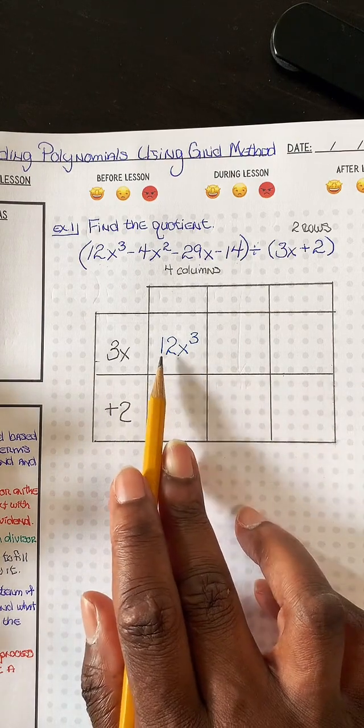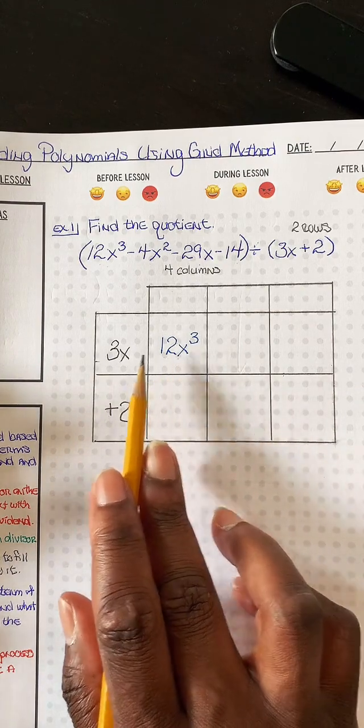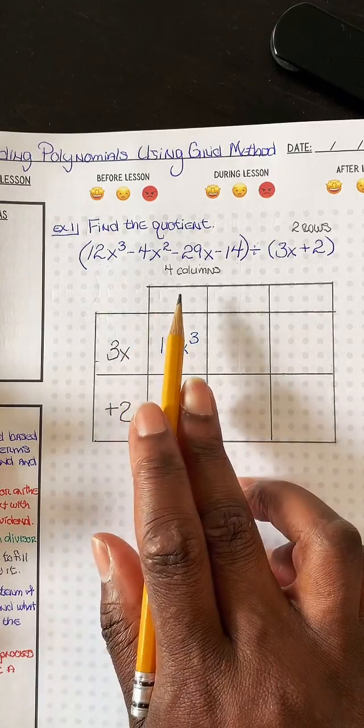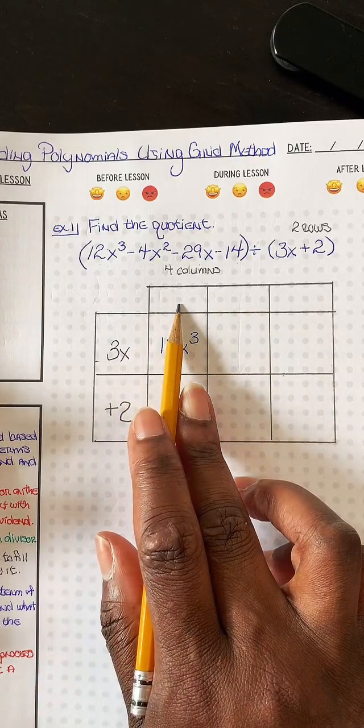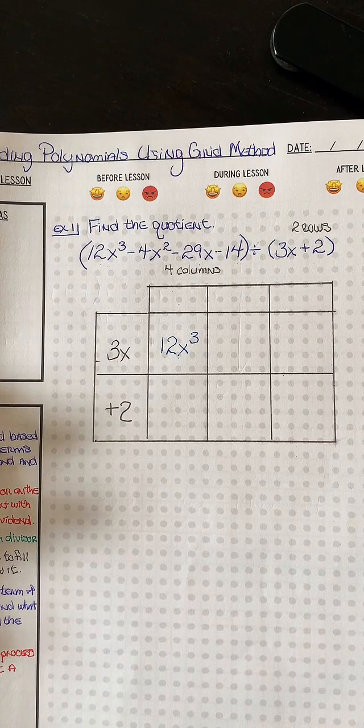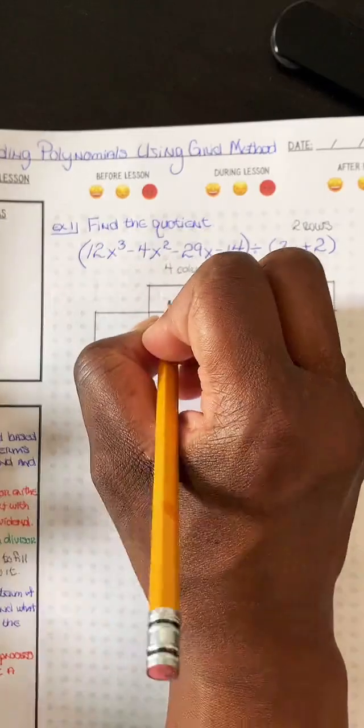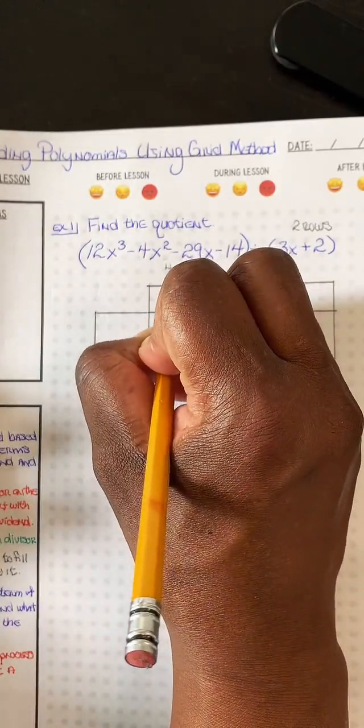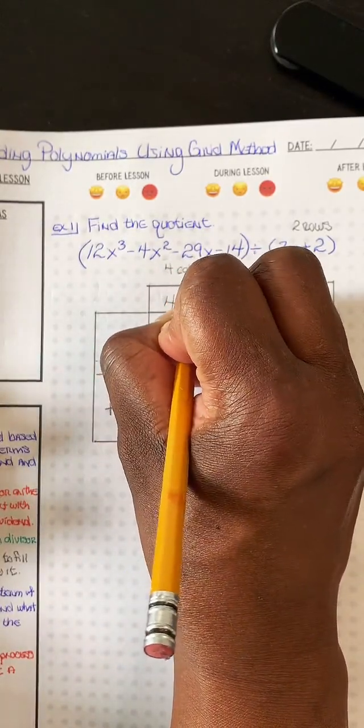Or you can say 12x cubed divided by 3x will give me what? Okay, so I got 4x squared. Good, 4x squared, excellent. So that's coming up here, my 4x squared.